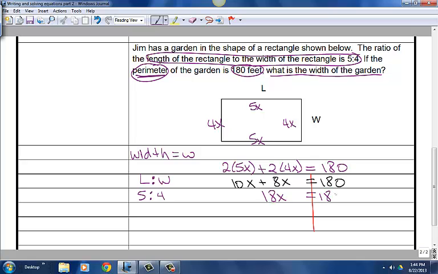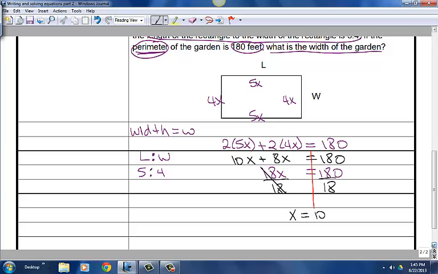Bring down, bring down. X is not alone yet, so let's do the opposite of multiplying by 18. 18 divided by 18 is 1, so I'm left with simply x equals 10. If I do the math on the right-hand side, then I get 180 divided by 18 is 10.